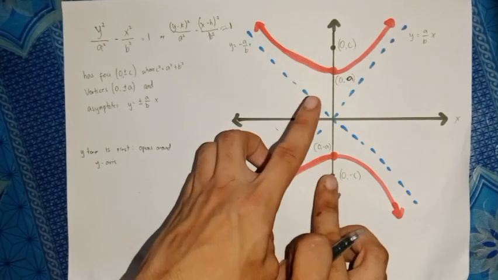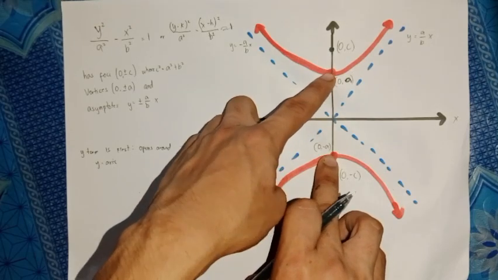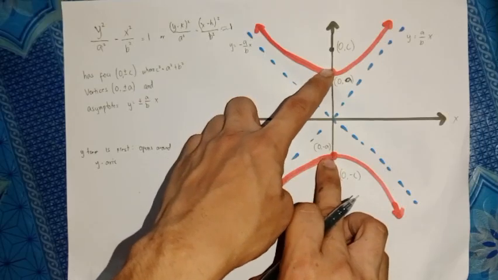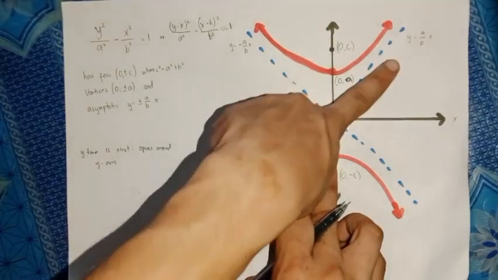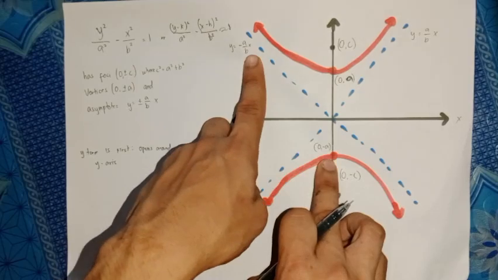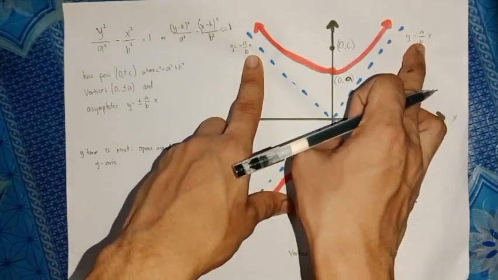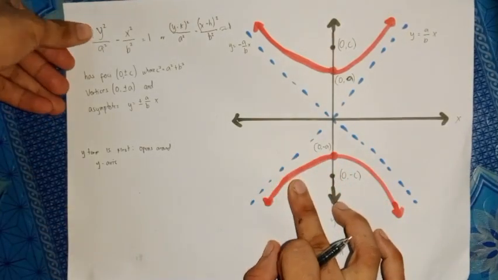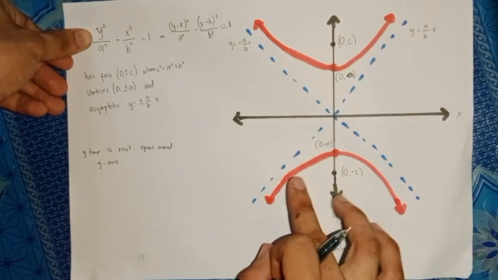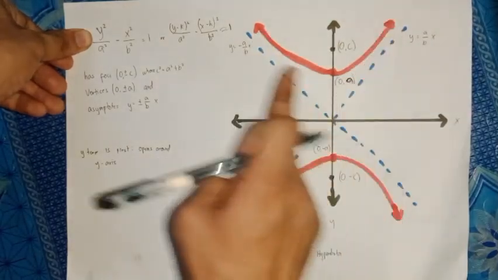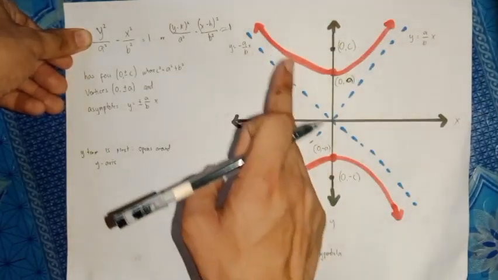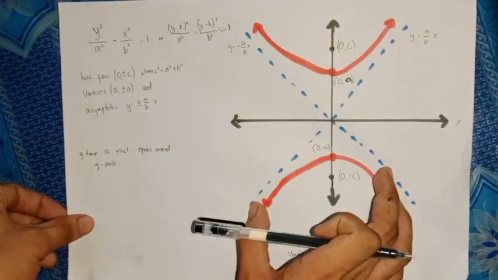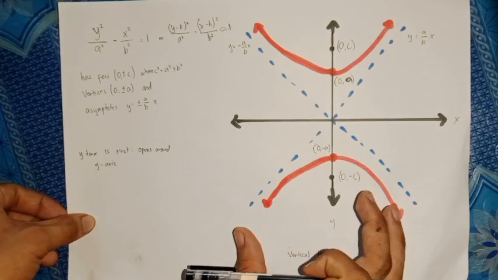Next, we have the vertices, which are (0, plus or minus a), and the formula for the asymptotes is y equals positive or negative a over b x. Take note that if the y term is first, our hyperbola opens around the y-axis, meaning we have a vertical hyperbola. The curve opens downwards and upwards. Those are the equations of hyperbolas.